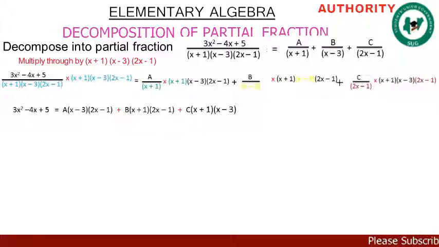When we move to C, we cancel 2x − 1, so we'll be left with C(x + 1)(x − 3).